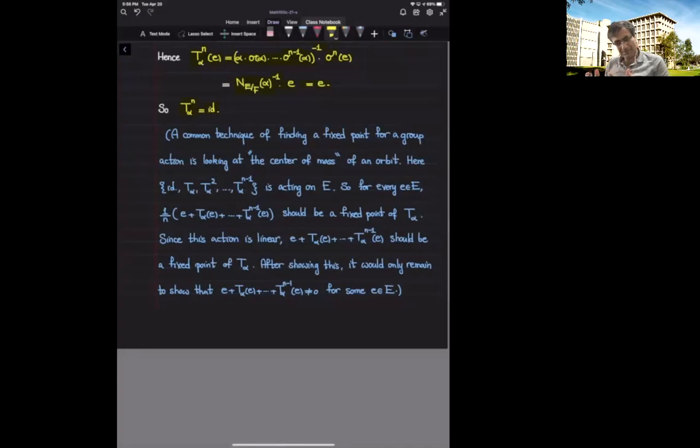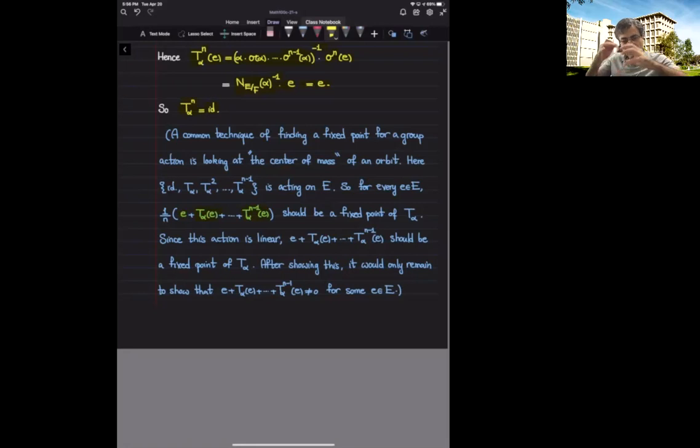Okay, so the center of mass doesn't quite make sense in an arbitrary field, but we can use our intuition from the Euclidean space. I apply my group to an element of E, and I get this vector: E, T sub alpha of E, T sub alpha squared of E, and so on.